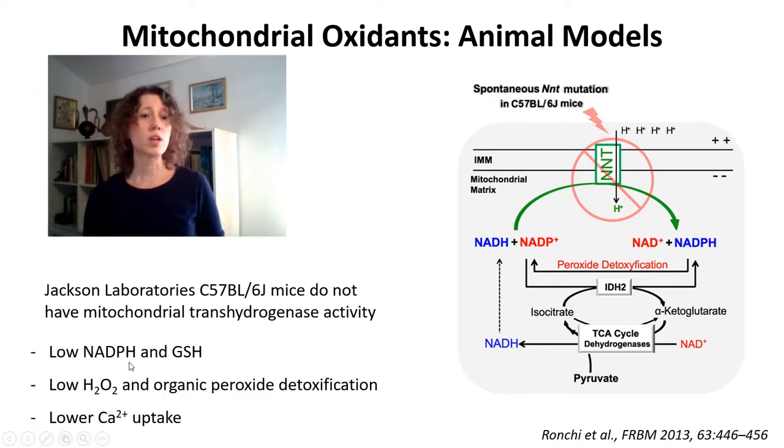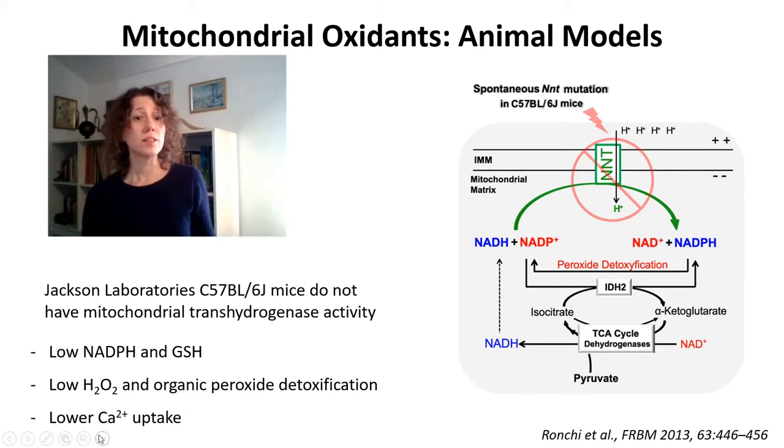So these animals have low NADPH and low glutathione in their mitochondria, and that's expected, low reduced glutathione, because they can't reduce NADPH from NADH. They also are more sensitive to additions of exogenous hydroperoxide or organic peroxides, as you would expect, because they have less peroxidase activity.